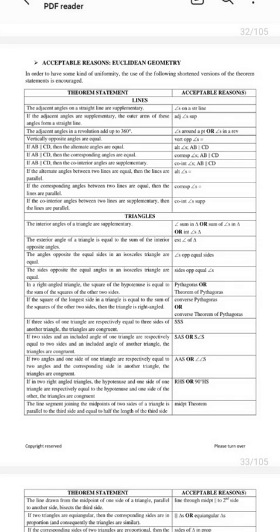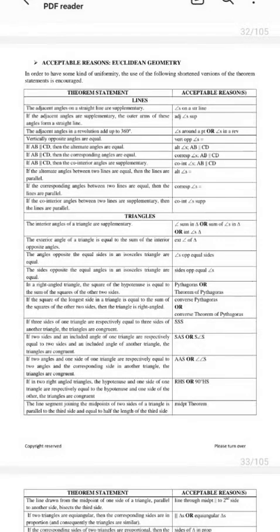Guys, in the document in front of you, how many statements are there underneath the heading theorem statement, just before you get to triangles? There are 1, 2, 3, 4, 5, 6, 7, 8, 9, 10. 10 statements. And what I have just done is look at the last 6 statements before we get to triangles.